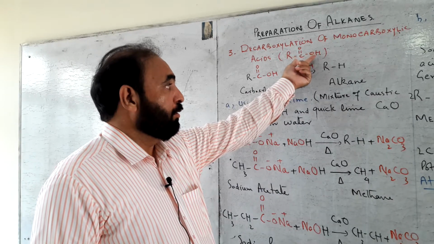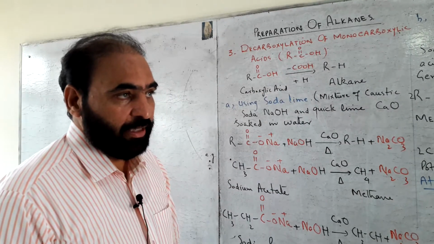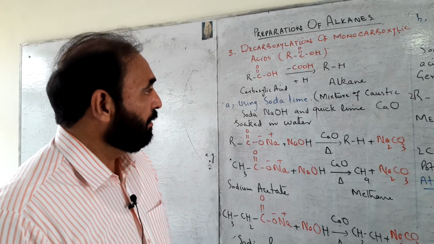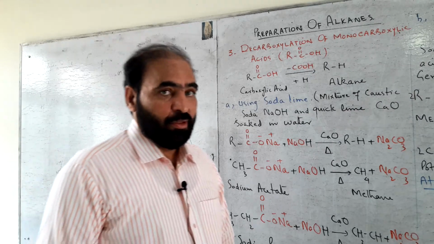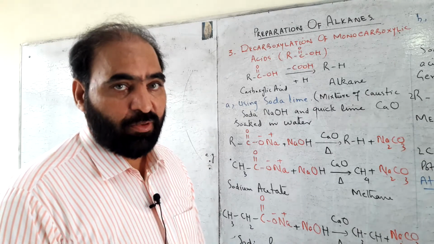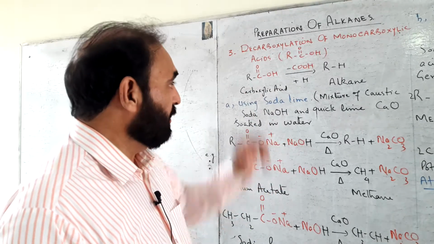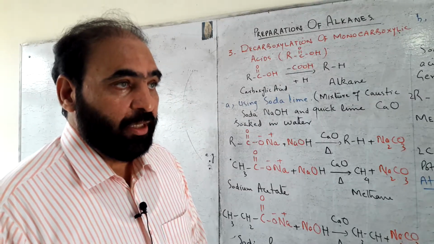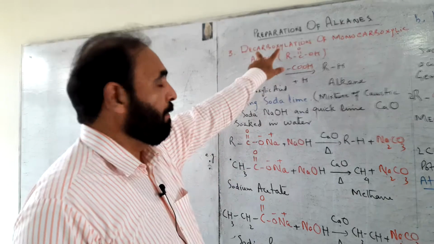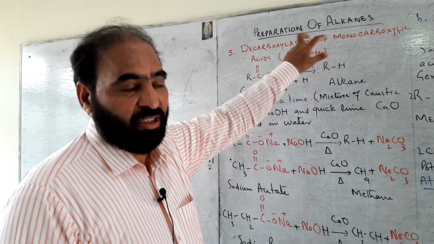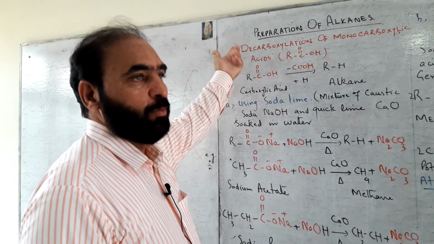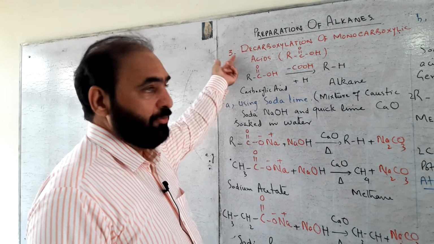C double bond O OH is the carboxyl group, and if we remove the carboxyl group from a carboxylic acid, the process is given the name decarboxylation. D stands for removal of carboxyl group.